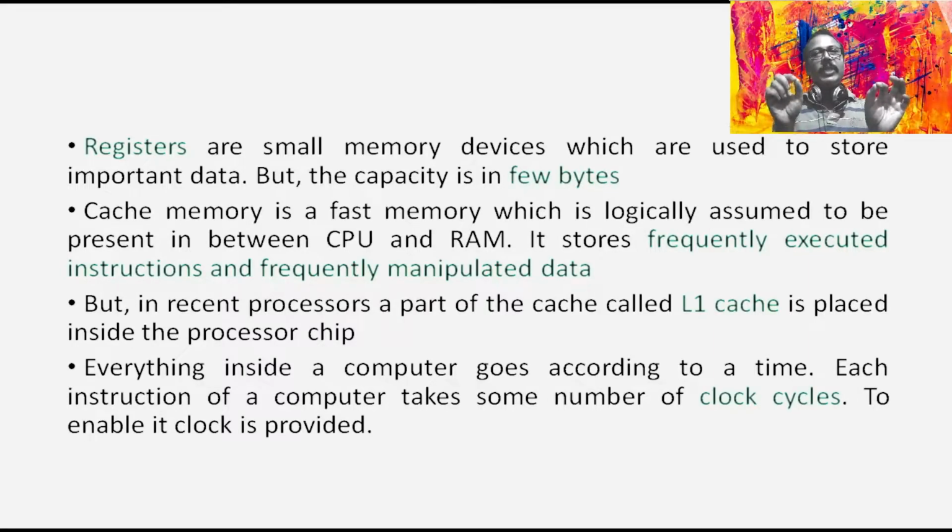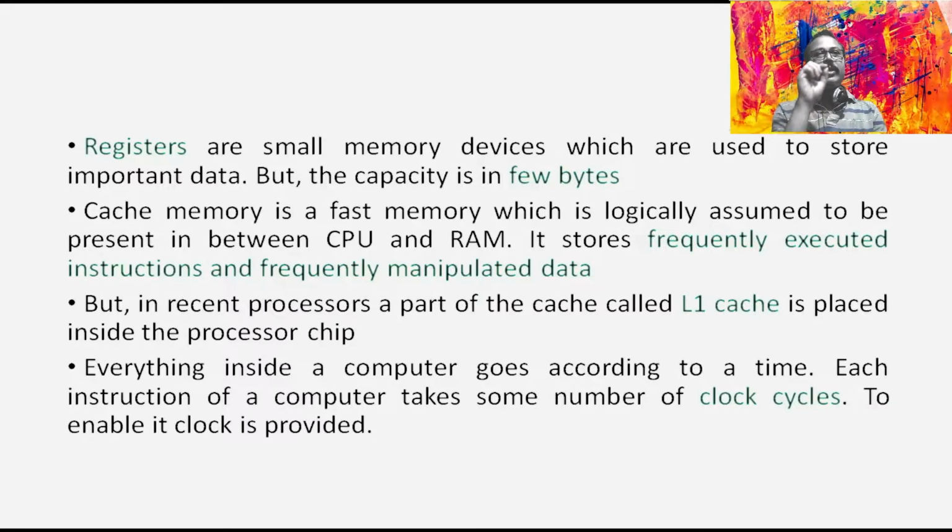The CPU operates at a very high speed, whereas main memory operates at a low speed when compared to the CPU. To reduce this incompatibility, in between you will have cache memory. We will discuss it in detail along with memory.